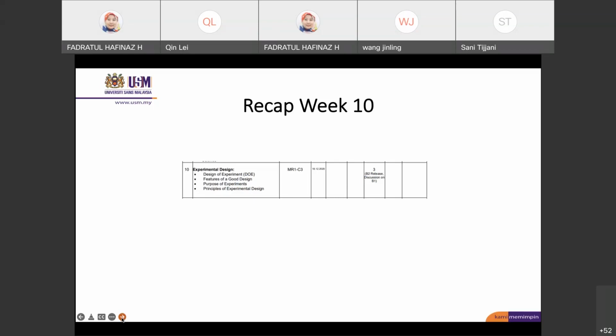I also hope you can differentiate between IV and DV, which are the independent variable and the dependent variable, and have a brief understanding of all the experiment concepts I introduced in last week's class, especially the extraneous nuisance variable control and the random variable, random behavior.